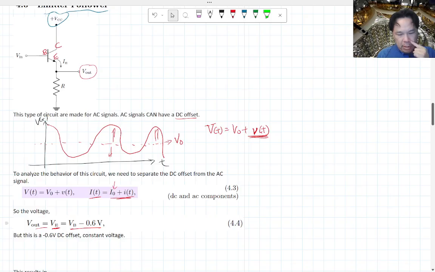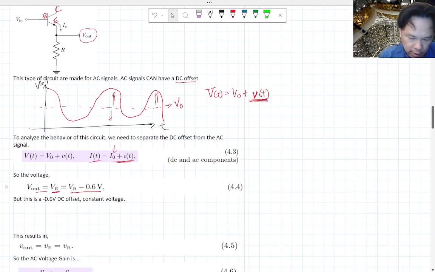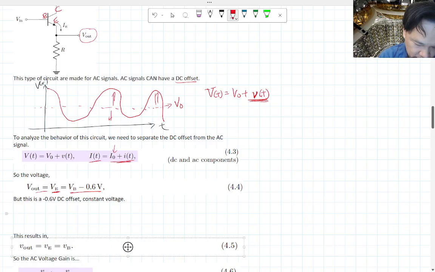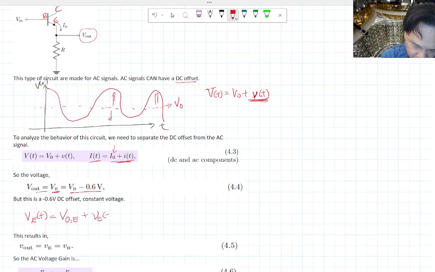But this negative 0.6 volt is just a DC offset. It's actually a constant. So let's write that out and see how that looks. VE as a function of t is equal to some V naught E, that's constant, plus some time varying component.